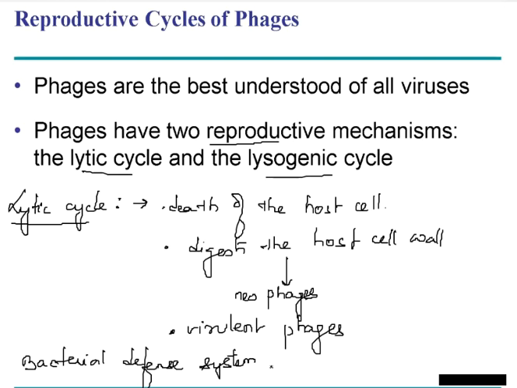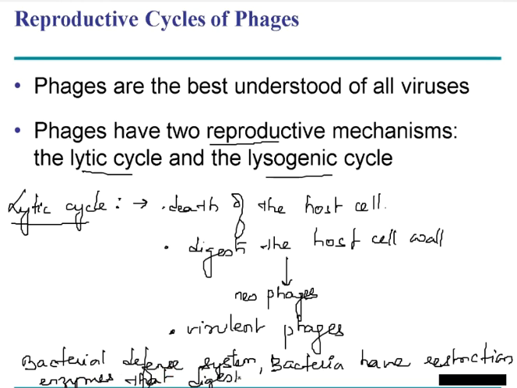Now the bacterial defense system. When bacteriophages infect the host bacteria, the bacteria have their own defense mechanism. Bacteria have restriction enzymes, known as restriction digestion enzymes. These enzymes digest the viral DNA.